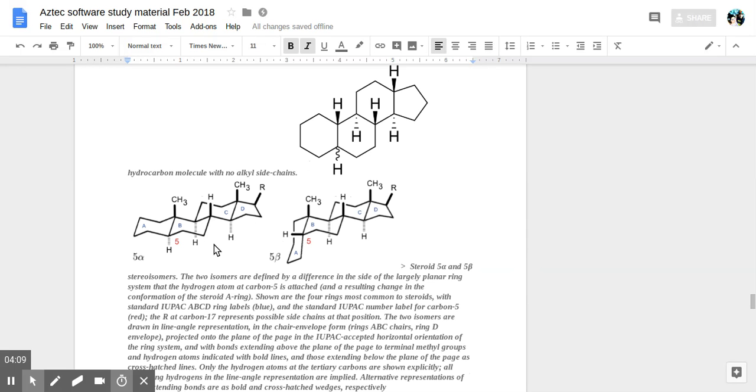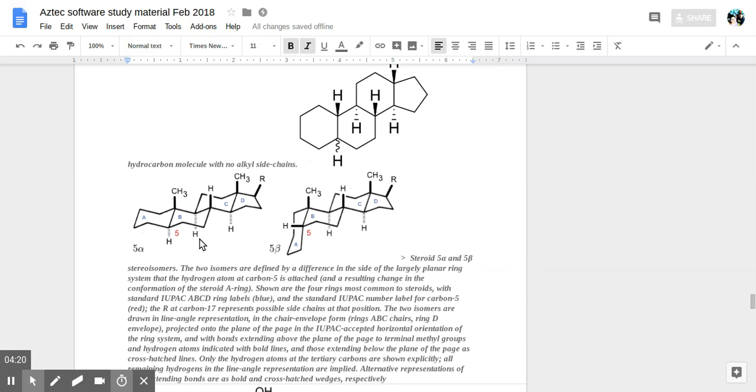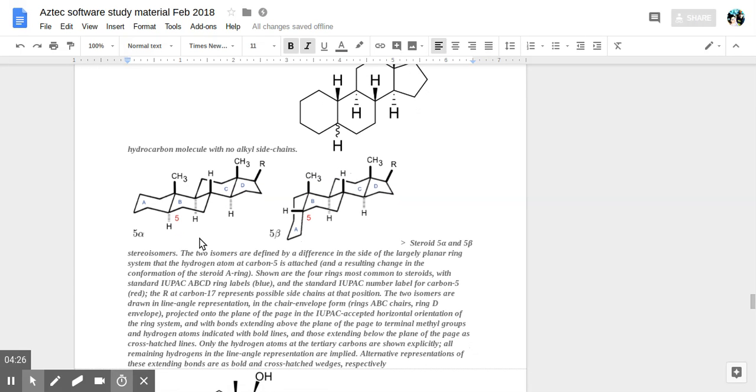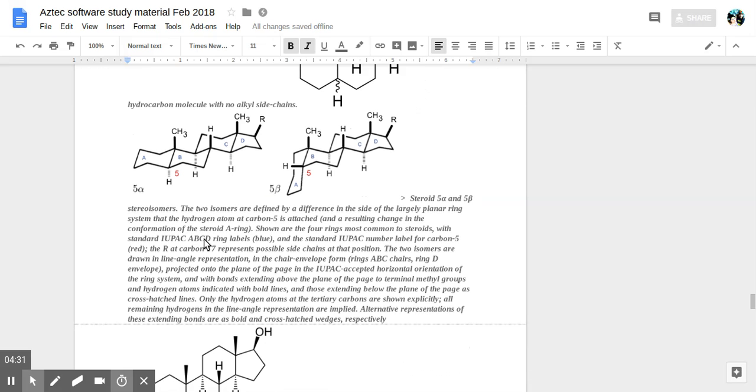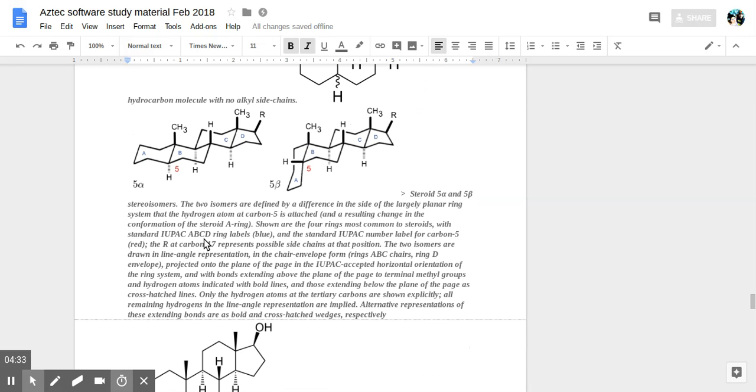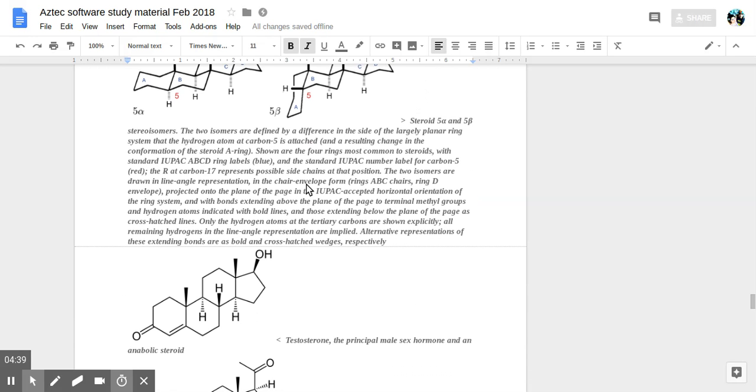So 3D, you can imagine. Only the hydrogen atoms at the tertiary carbons are shown explicitly. All remaining hydrogens in the line angle representation are implied, so they're not shown. Alternative representations of these extending bonds are as bold and cross-hatched wedges, respectively.